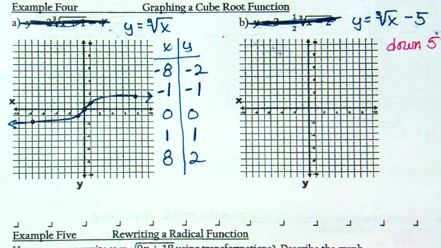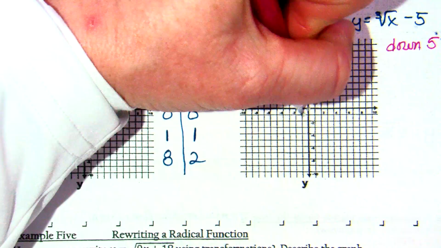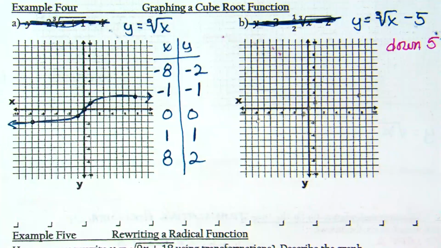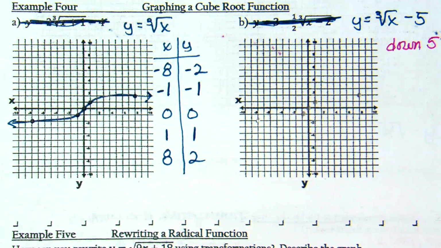So, if you want, put in those original dots. So 3 dots there at the center. And then the 8, 2, and negative 8, negative 2. Take each of those dots and move them down 5. Now, for me, I could go 1, 2, 3, 4, 5.